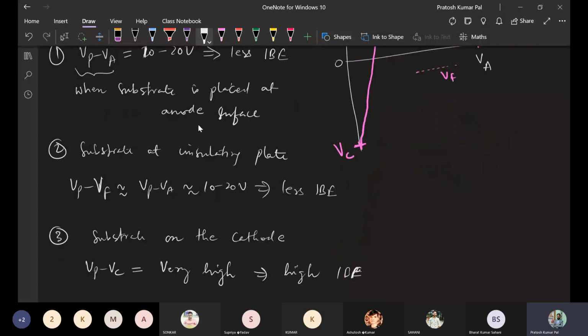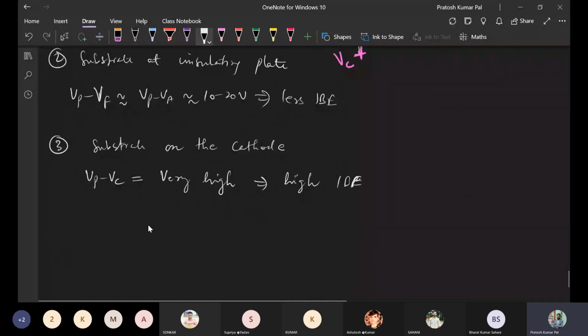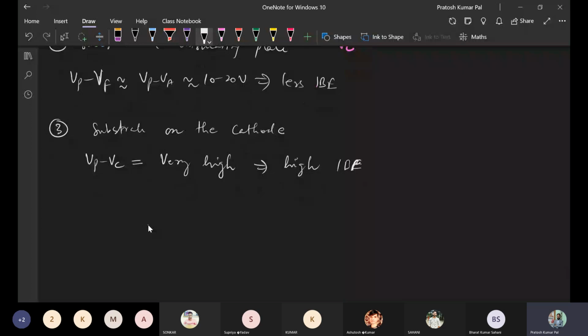This high bombardment energy defines how the dry etching is performed. So once we need to obtain high bombardment energy, we have to put the substrate on the cathode side.